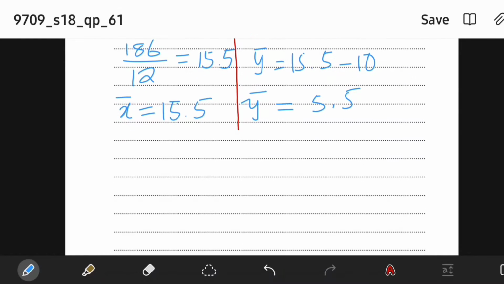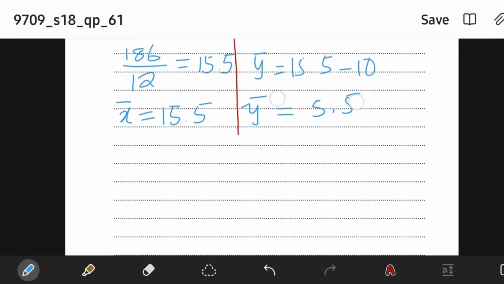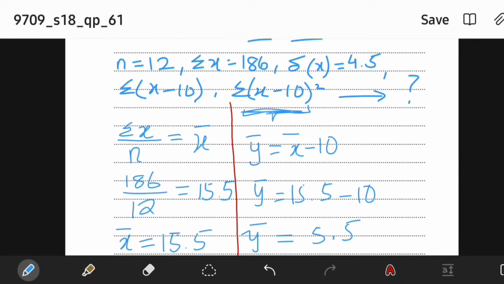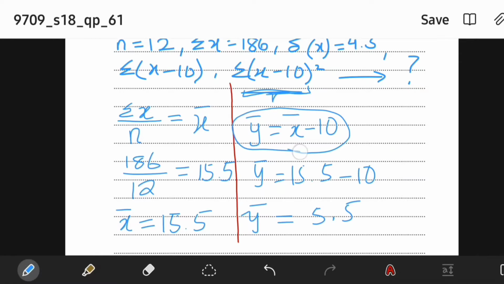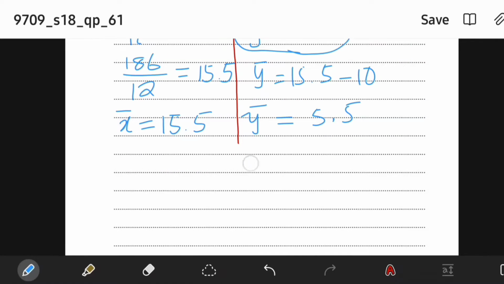Now using this mean of y, we can again find out summation of y, since we made this equation. Right, so that would be again this formula, summation of y over n is equals to mean of y. Summation of y is unknown.